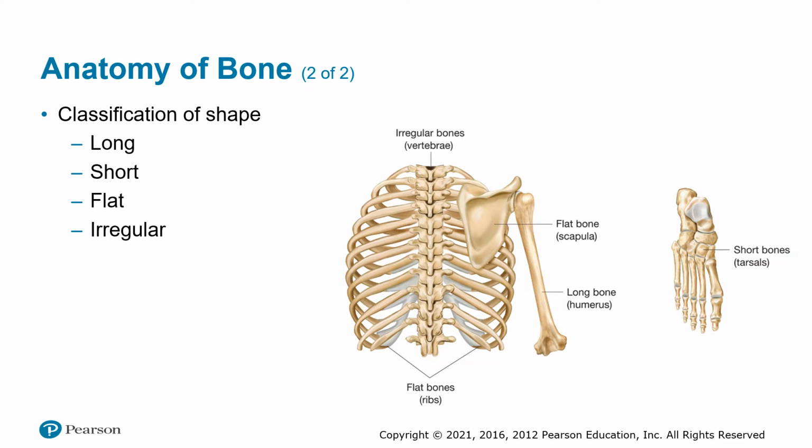And then you've got your flat bones, which would be your scapula and your manubrium, sternum, sorry. And then irregular bones would be your tarsals, your metatarsals, and the carpals in your hand.